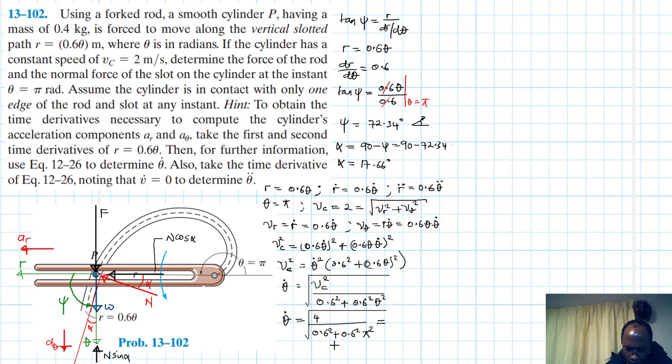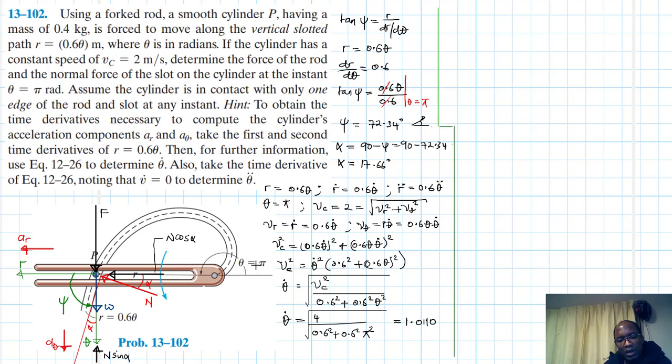So this is 0.6 squared plus 0.6 squared by pi squared, and 4 divided by that, and square root of that. Once we do this calculation, this gives us 1.0110.